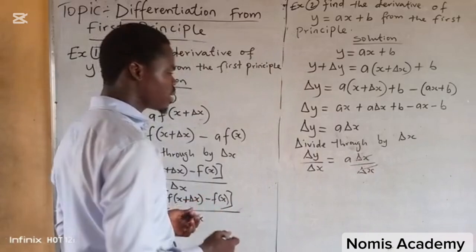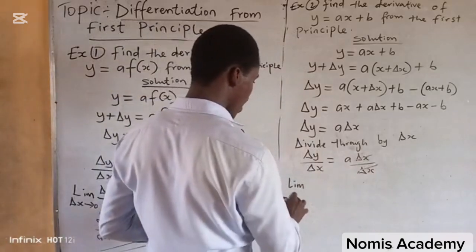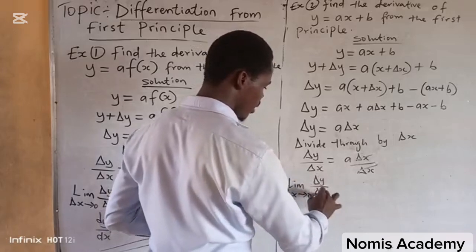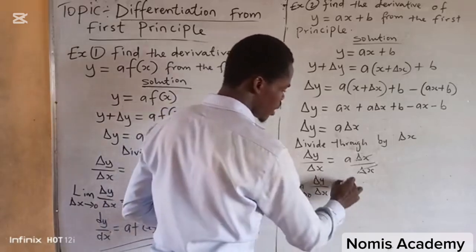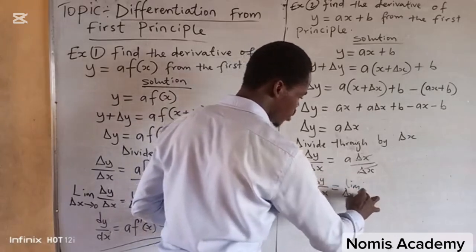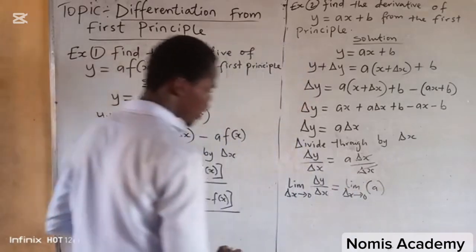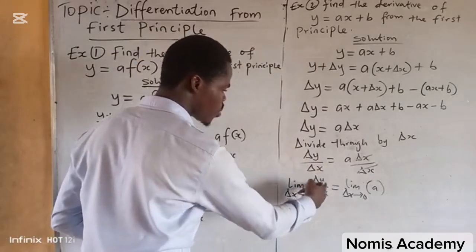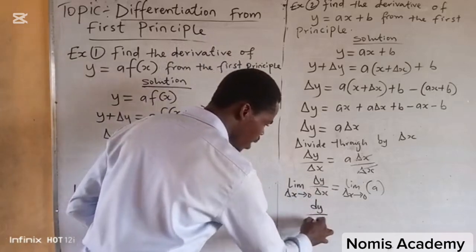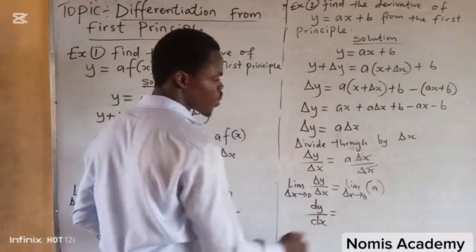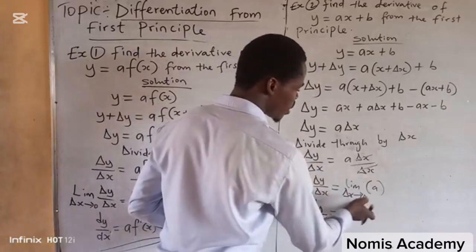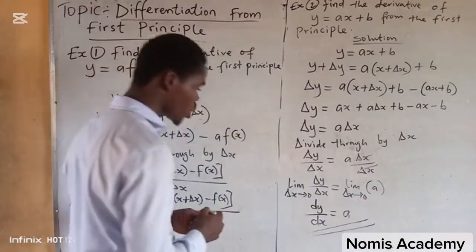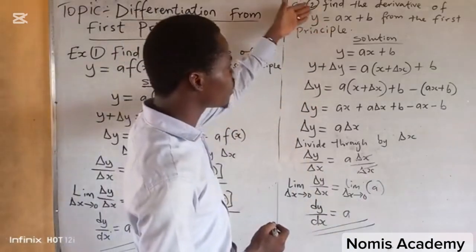At this point, we take the limiting value, the limit as delta x tends to 0 of delta y over delta x, and that is equal to the limit as delta x tends to 0 of a. Now the limit of delta y over delta x gives us dy over dx equal to, now we are taking the limit of this. Since there is no delta x, our final answer here is a. So that is the solution to the problem or the function given.